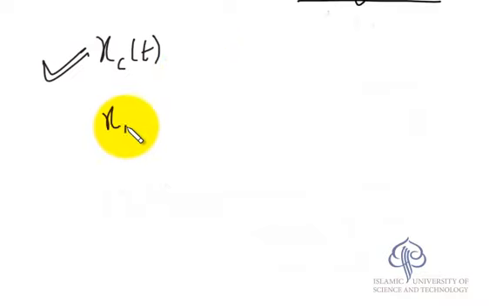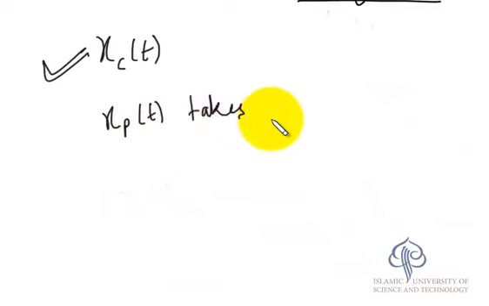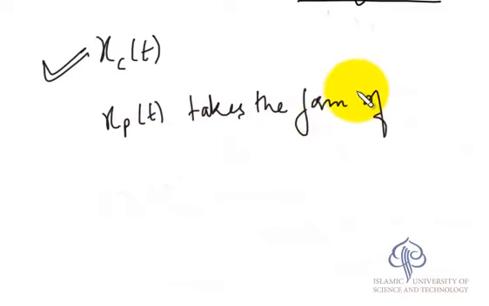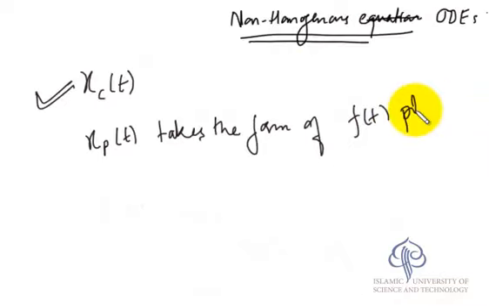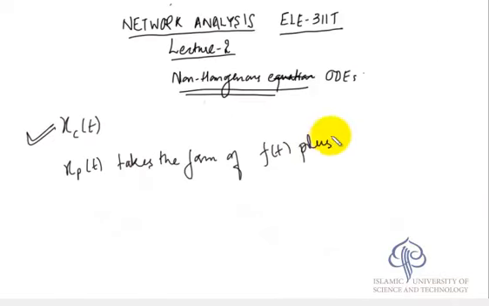For xp(t), the rule of thumb is that xp(t) takes the form of the forcing function f(t) plus all its derivatives.